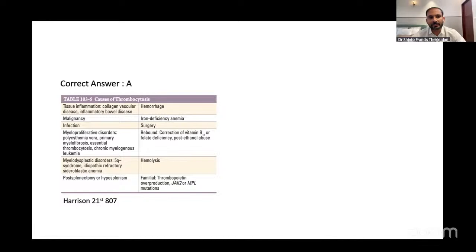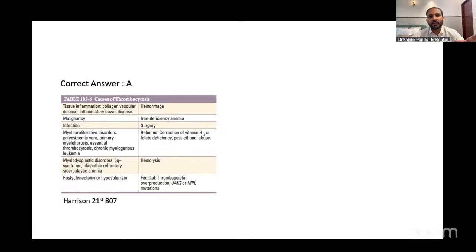This is a Harrison chart. There are n number of causes for thrombocytosis, as we all know. First, any infection, inflammation, collagen vascular diseases, acute hemorrhages, malignancies. In our practice, it is iron deficiency anemia, which is given here, and any post-surgery state, and definitely the myeloproliferative disorders: polycythemia vera, myelofibrosis, essential thrombocytosis, CML.